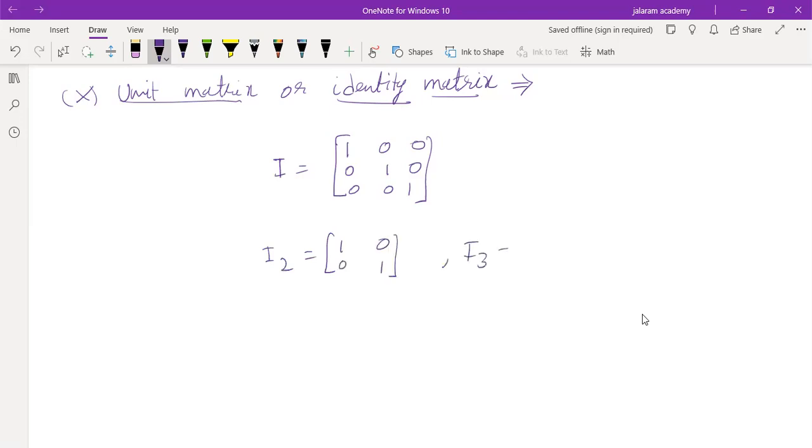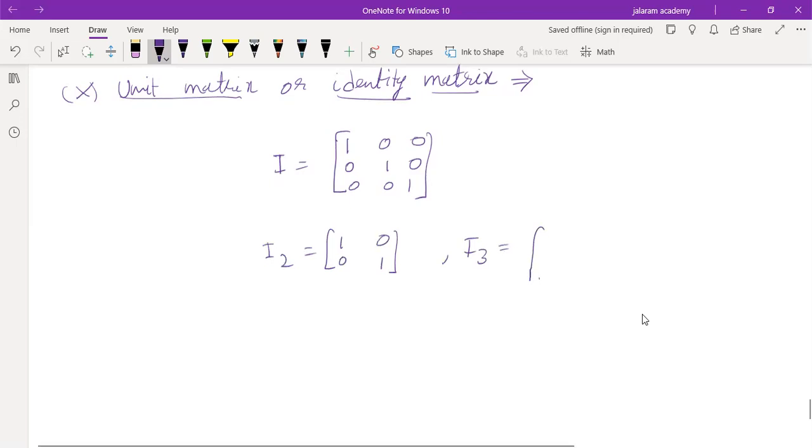I3 means a unit matrix of order 3. If we say order 3, it must be a square matrix as well. Is that clear to you? Written definition, everyone? Yes, sir.